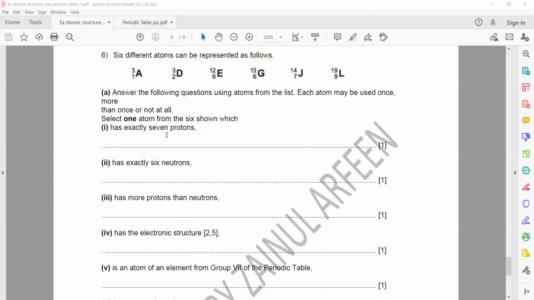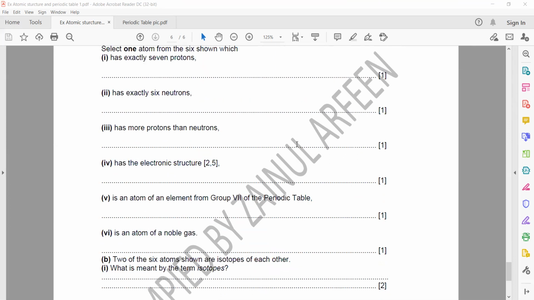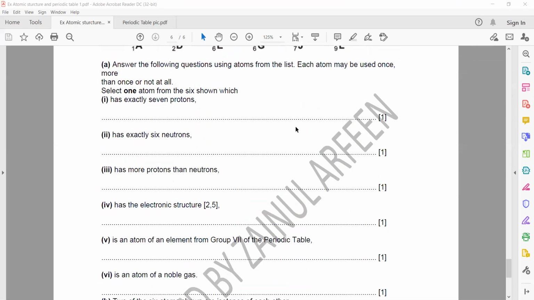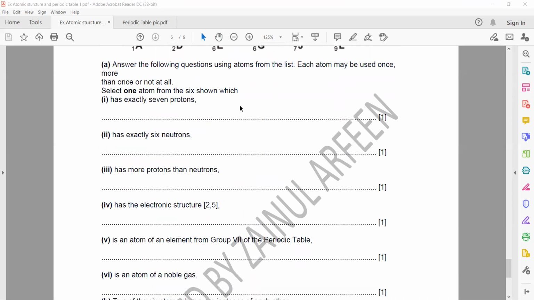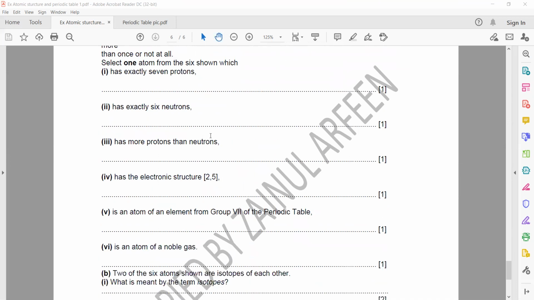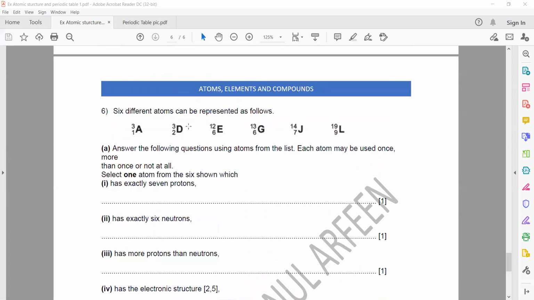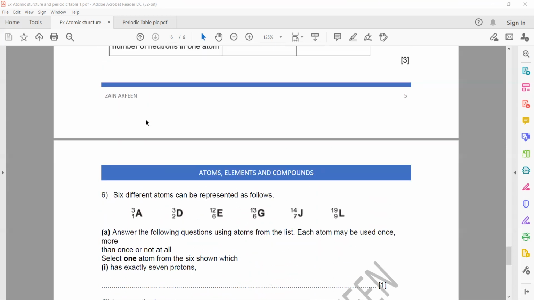Then is an atom of a noble gas. Noble gas means group 8 element which is having a complete shell, because the noble gases have a complete shell. So which elements are these when we work out, if I draw the structure of A?